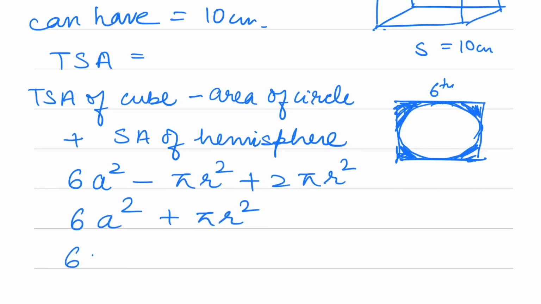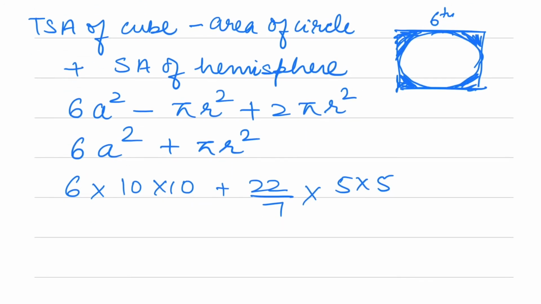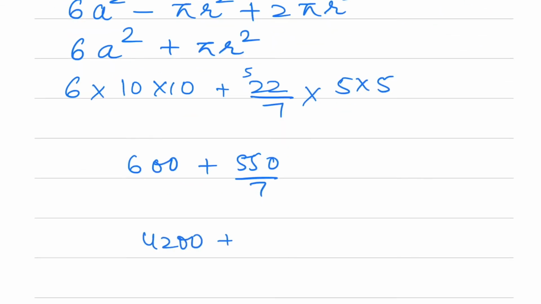So now 6 into side is 10 into 10 plus 22/7 into radius is equal to 5 into 5. So this we have 600 plus 25 into 22, 550 by 7. 4200 plus 550 divided by 7.